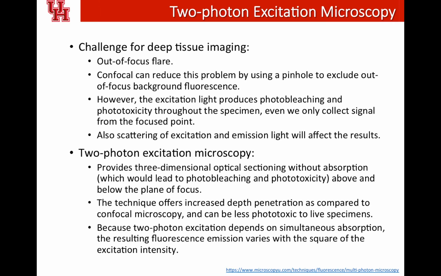Confocal can reduce this problem by using a pinhole to exclude out of focus background fluorescence. However, the drawback of confocal is that the excitation light will produce photo bleaching and phototoxicity throughout the specimen, even though we only collect the signal from the focal point.